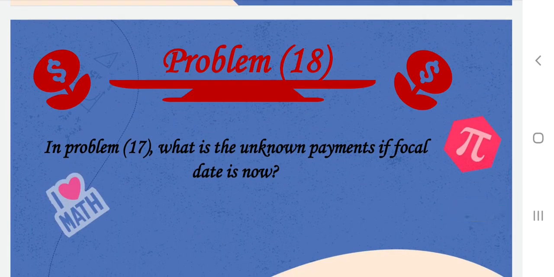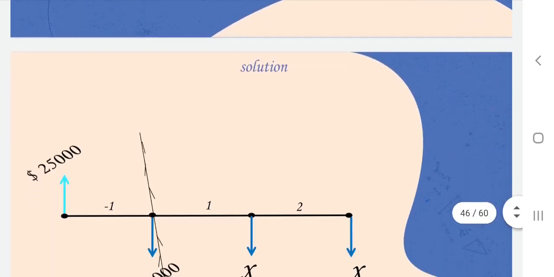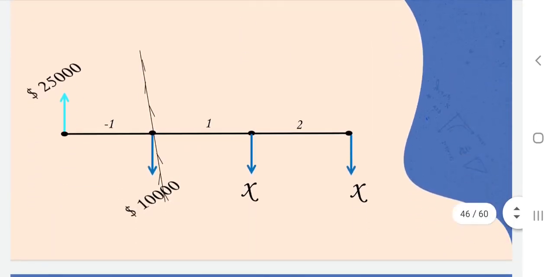Problem 18. In problem 17, what is the unknown payment if the focal date is now? This is the timeline. He put the focal date now.